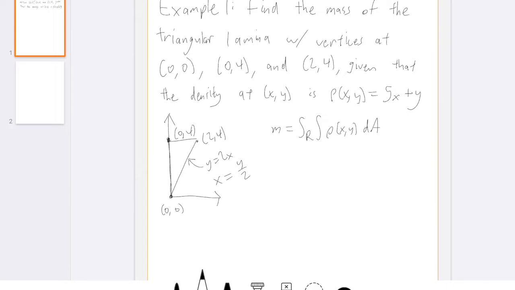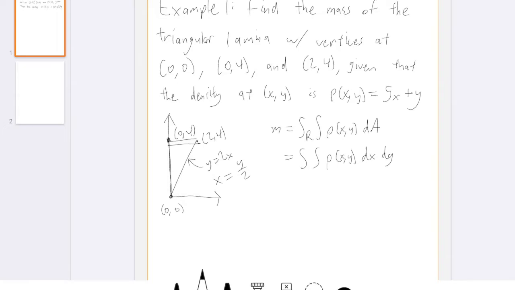And once again, we can go by either rows or columns, but we're just going to, for this example, show integrating by rows. So first of all, if we're integrating by rows, it needs to be dx dy, so that this inner thing can calculate the row, because we're going across x, across the row. Next, we need to figure out the bounds.